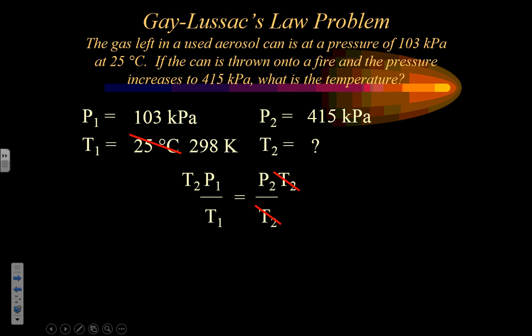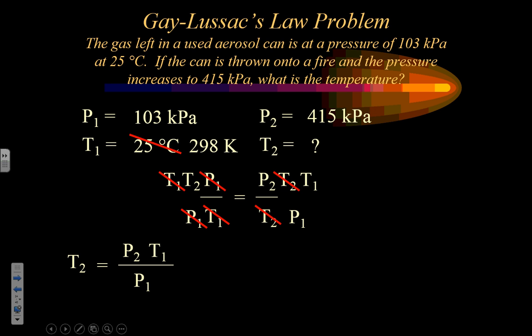It's now on top. And now if I want to solve for T2, all I need to do is get it alone. So if I divide both sides by P1, and then I multiply both sides by T1, mathematically I've still maintained the equality, and now everything is going to cancel but T2, and now it is on top. So that means mathematically T2 equals P2 T1 over P1.